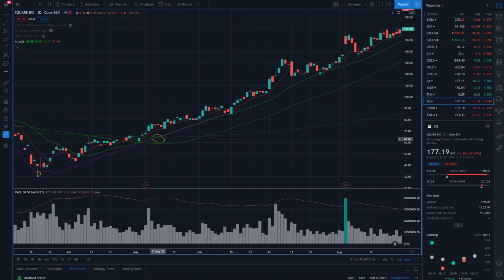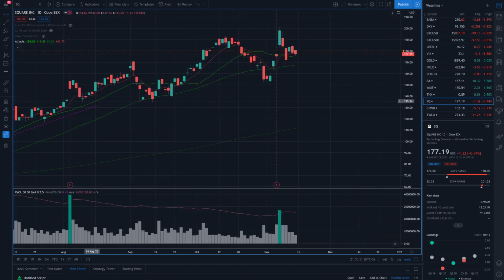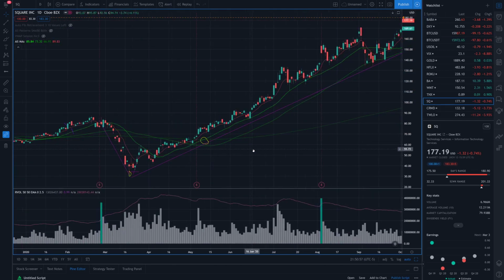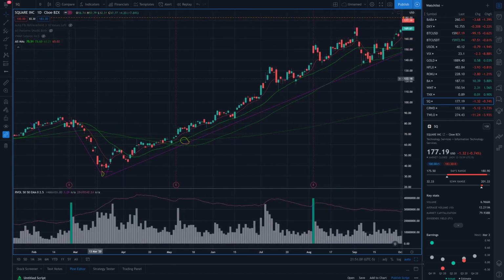And then Square from May all the way till basically today has moved up on an upward trend. So you could have bought right there as you saw the 200 and the 20 cross right there.